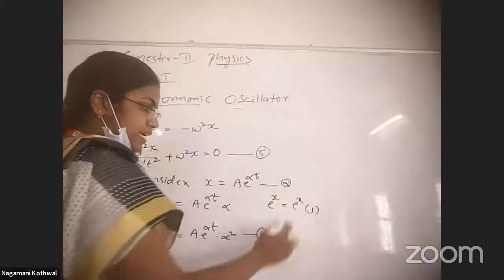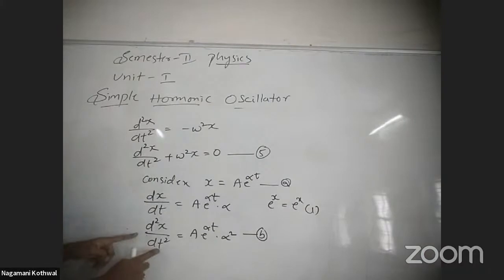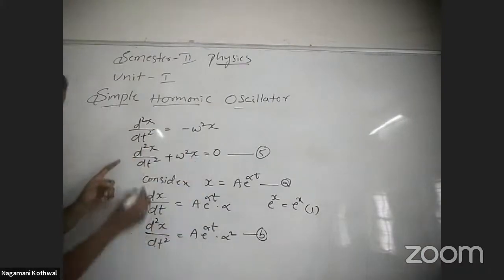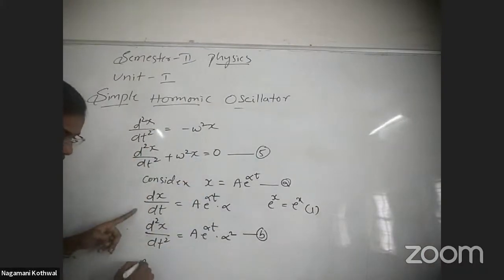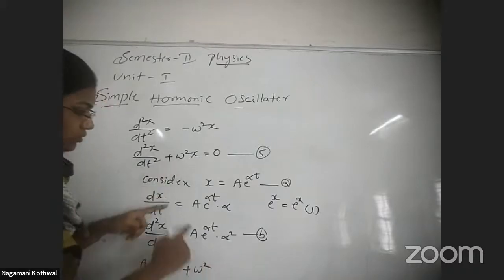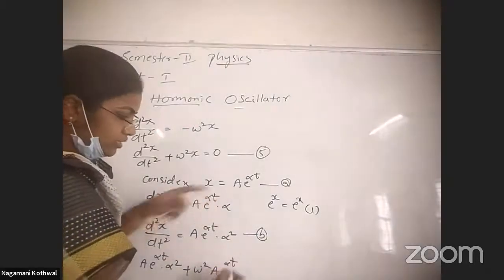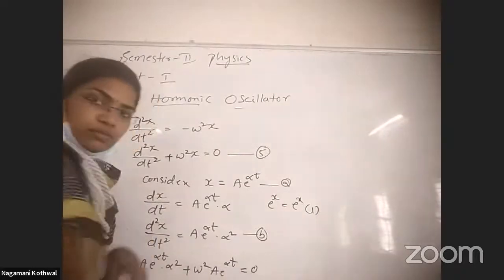Take these and substitute in equation 5. Because you have d square x by dt square, take it and substitute. What will you get? a e raised to alpha t into alpha square plus omega square into x, which is a e raised to alpha t, equal to 0.